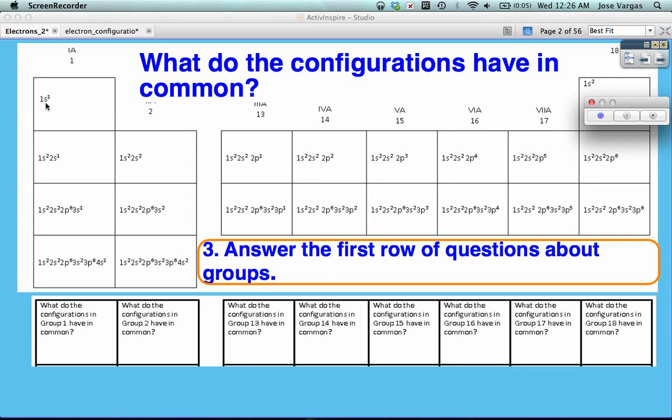We see here 1s1, 1s2 2s1, 1s2 2s2 2p6 3s1, 1s2 2s2 2p6 3s2 3p6 4s1. What do all of them have in common?